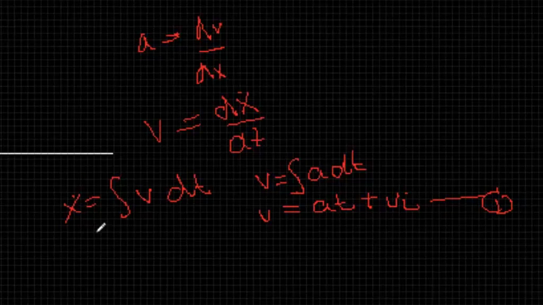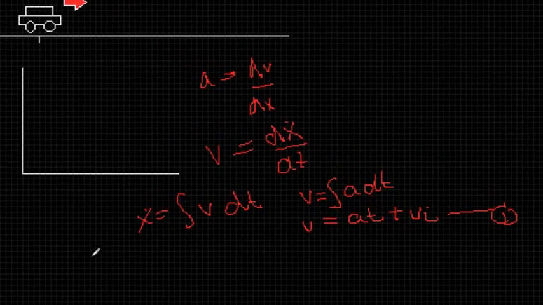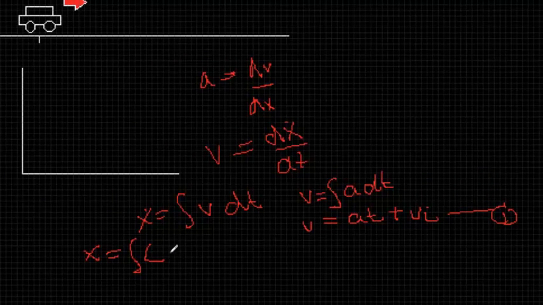And if you go back to this one and plug in the value of velocity, x would equal the integration of velocity, which is acceleration times time plus initial velocity, dt. And this is nothing but a linear equation.